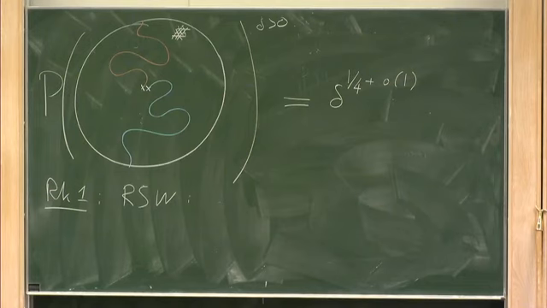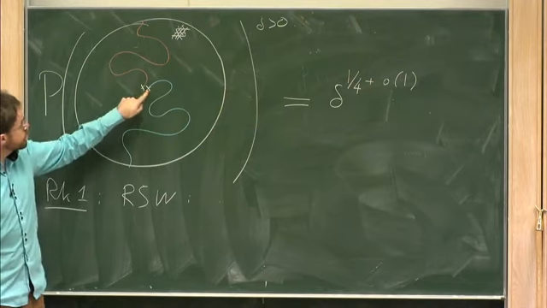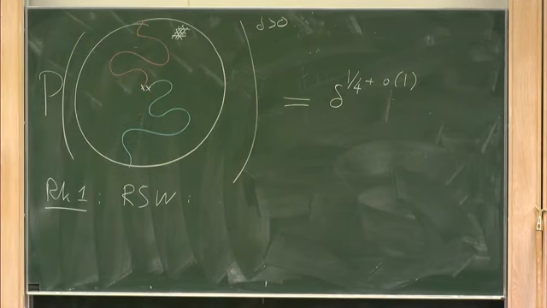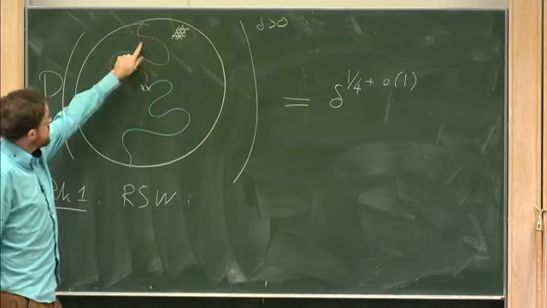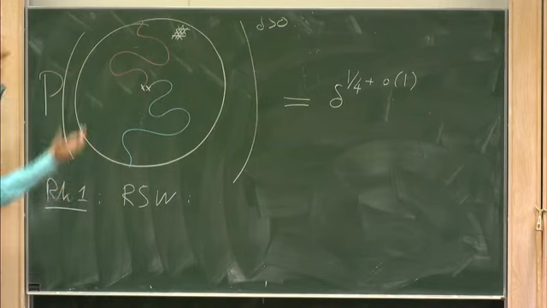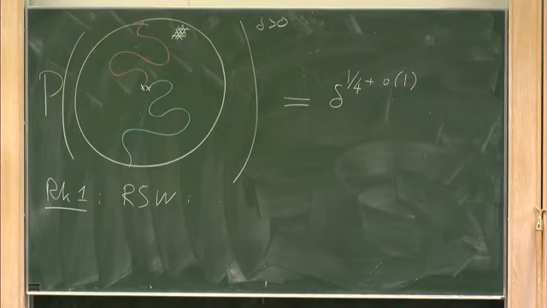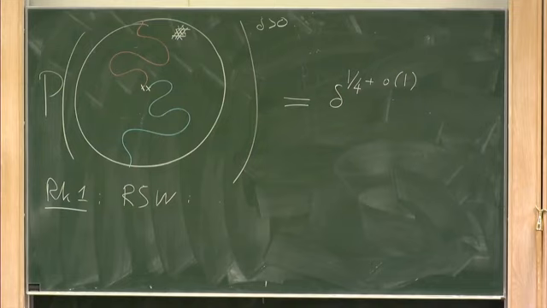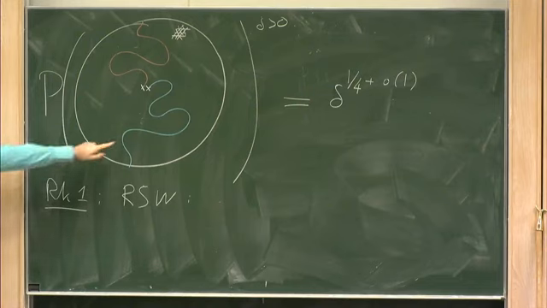There's something called the separation of arms lemma, which says that on this event that you have two arms of different colors going from the origin to the boundary, conditionally on that, with positive conditional probability, these arms land on separated bits of the boundary. They cannot really land very close to each other, because that would make it very difficult to extend. And essentially, by Russo-Seymour-Welsh, if you have some estimate on the rates of decay of this probability, you can show that if you have arms, they have to be a little bit separated.